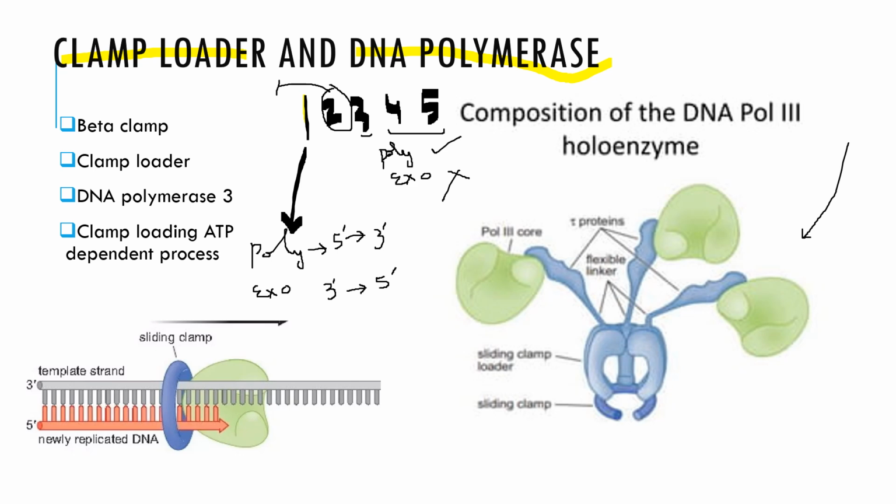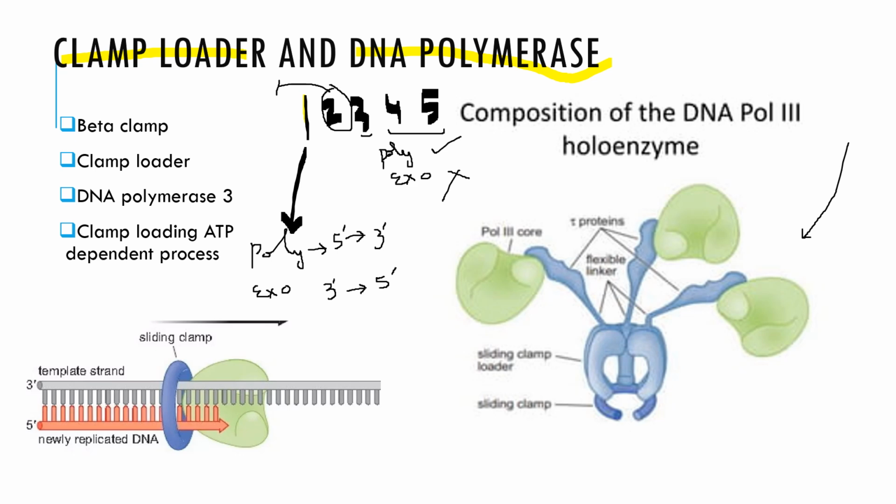So it will lead to a mutation or DNA damage. But polymerase 1 and 3 have both the polymerization activity and the exonuclease activity. So if there is a problem, they can go back and repair the damage, or repair the mismatched base.